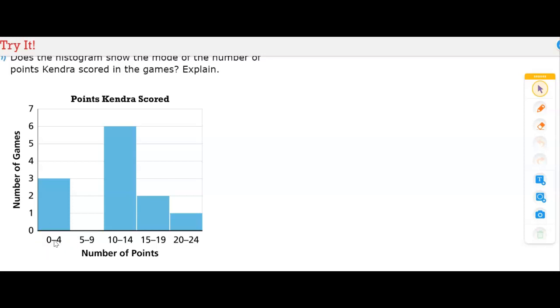Well, we don't know the exact value within these intervals that appeared more than once. We just know she scored within that interval or range of numbers. So there will be no way for us to know the mode unless we know each individual point total that she scored.